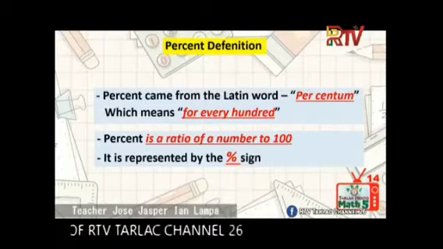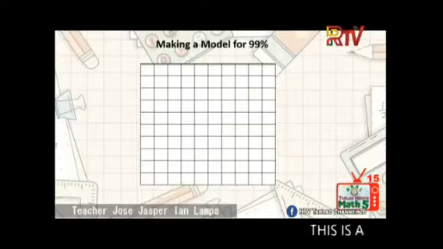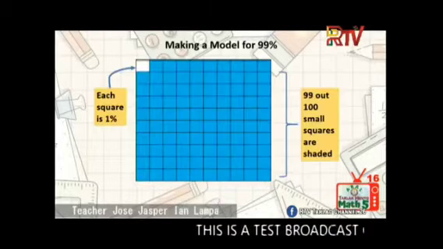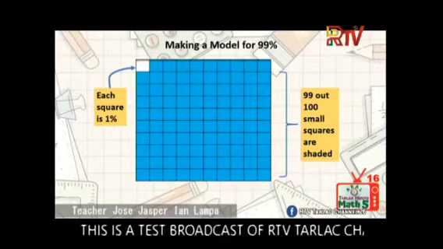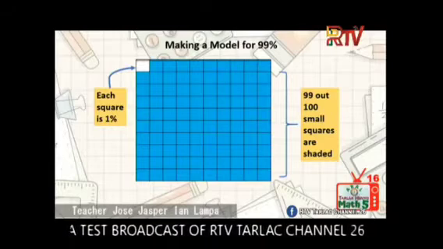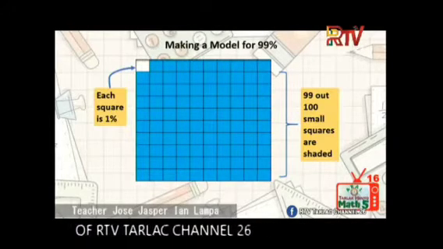To represent this in a model, make a big square and divide it into 100 smaller squares. If each square is 1%, it means that 99 squares must be shaded to represent 99% of the germs.